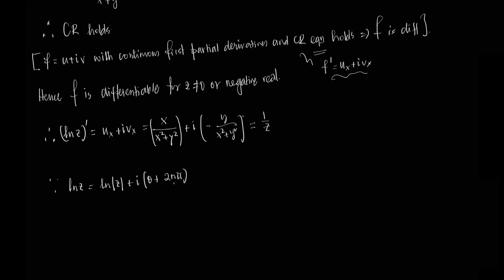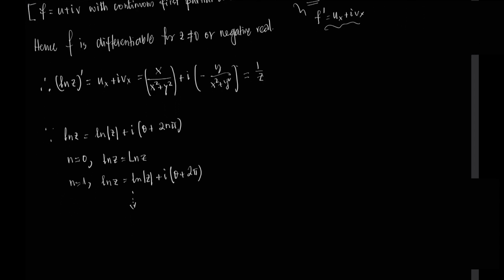So if you fix an n, let's say n equals 0, then you get the principal log of z. N equals 1, you get another log of z, which is nothing but log of mod z plus i times theta plus 2 pi. Okay, and you can go on doing this thing. You understand?